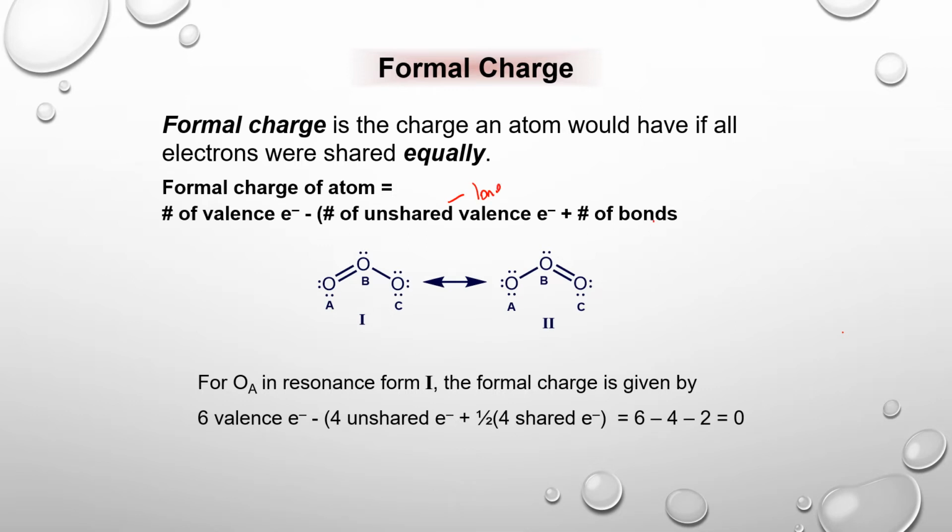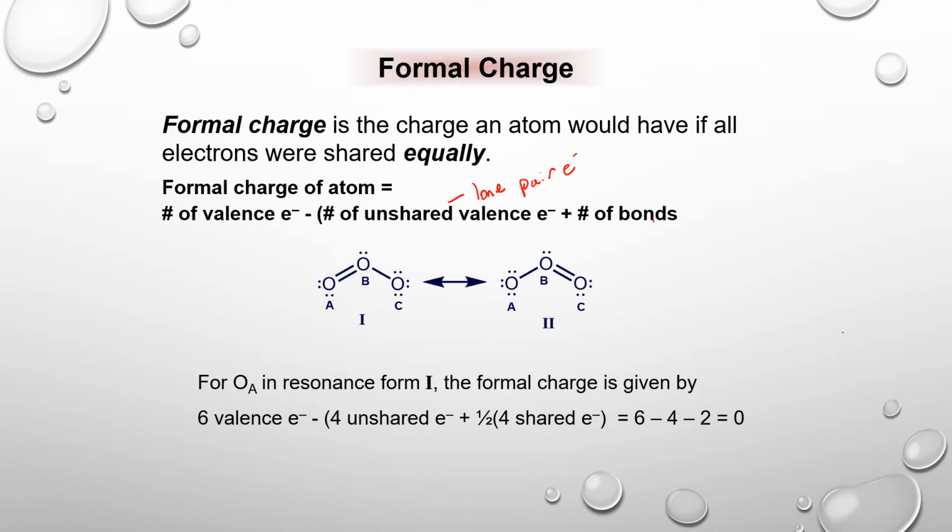These would be your lone pair electrons, non-bonded electrons. And then technically it's 1/2 of the bonded electrons, or the shared electrons. But since each of the different bonds that are created share 2 electrons, it's just easier to say the number of bonds. So I'll use that as my reference, but again, you won't see that in your textbooks.